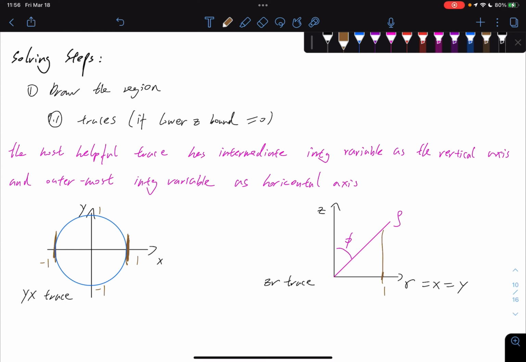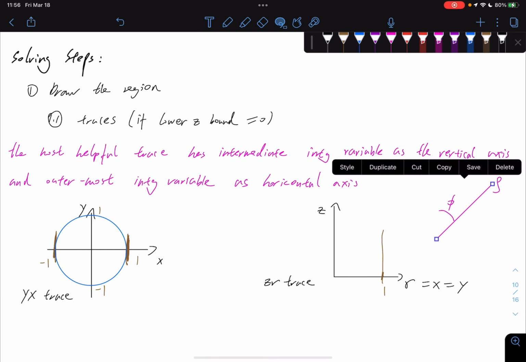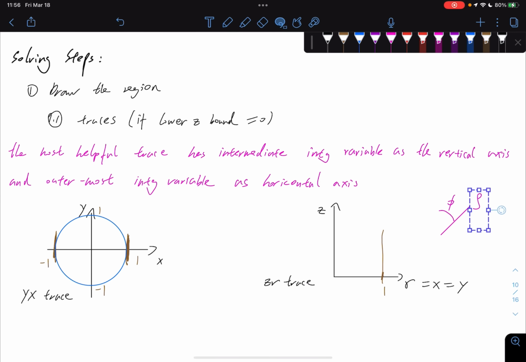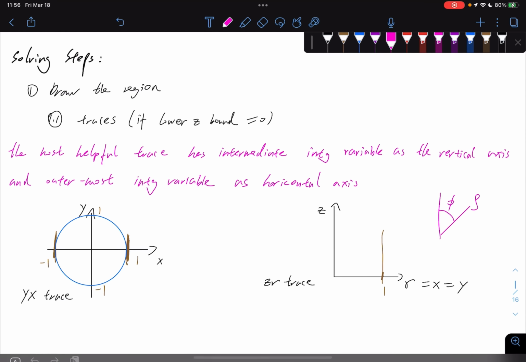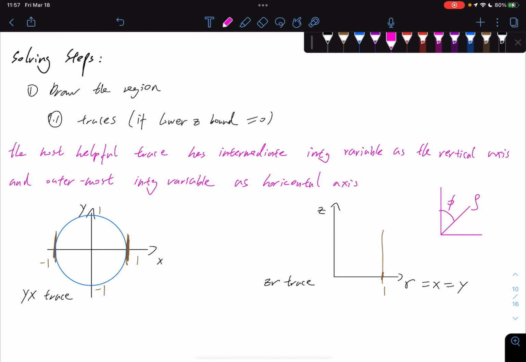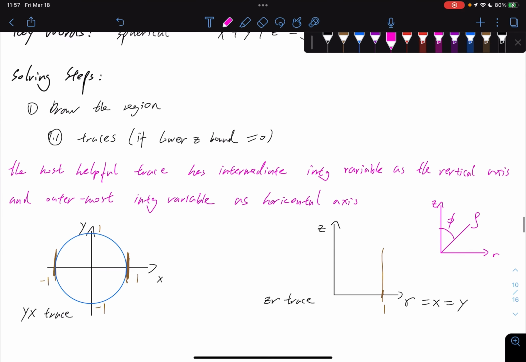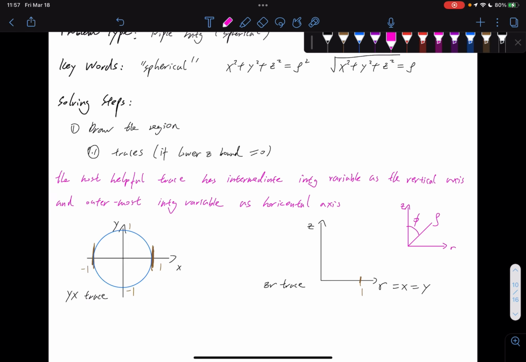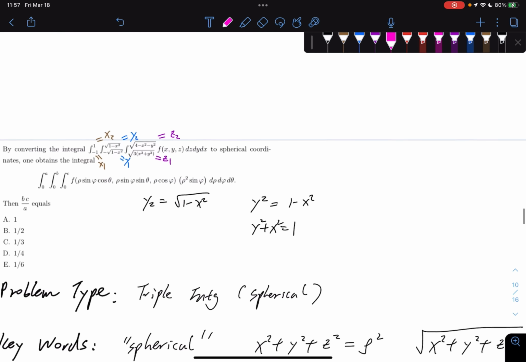Let me go ahead and move this away and make a new one for demonstration purposes. Okay, so r equals 1, and then what is our z?